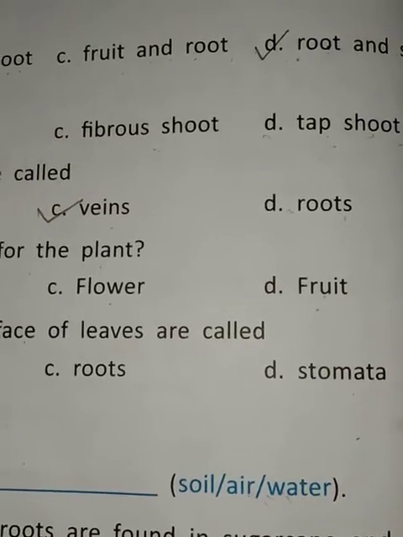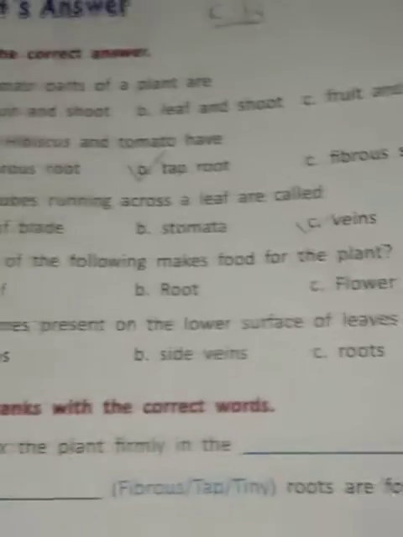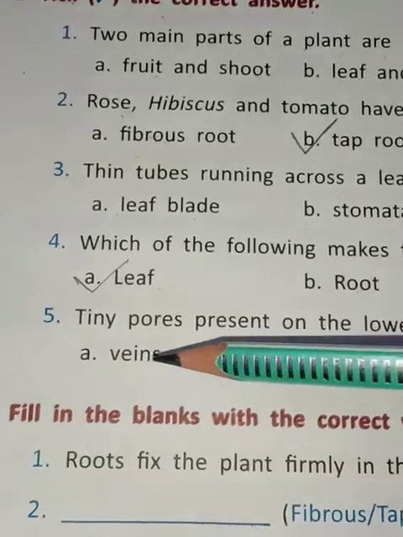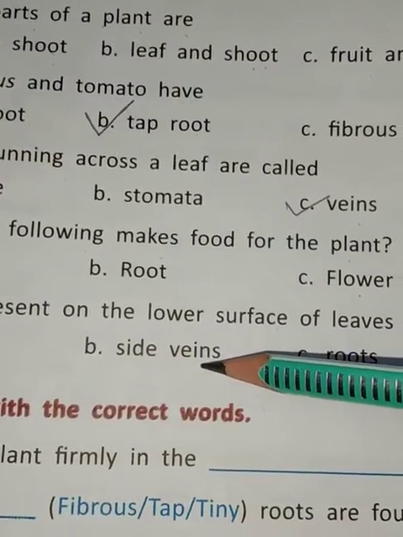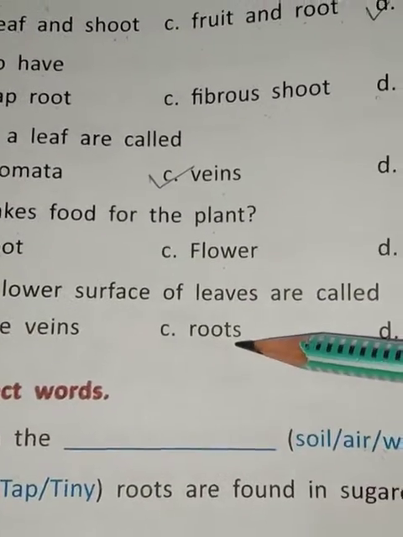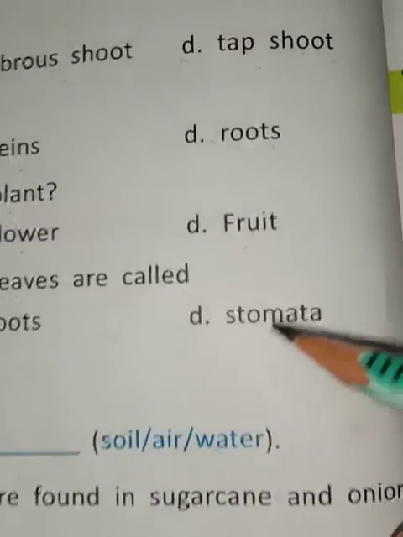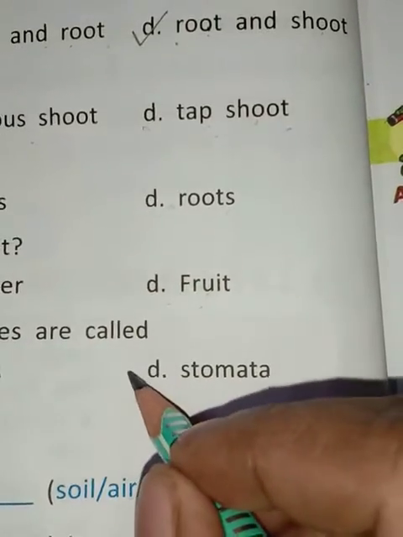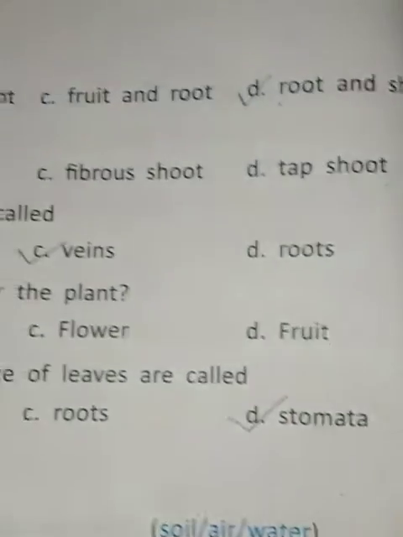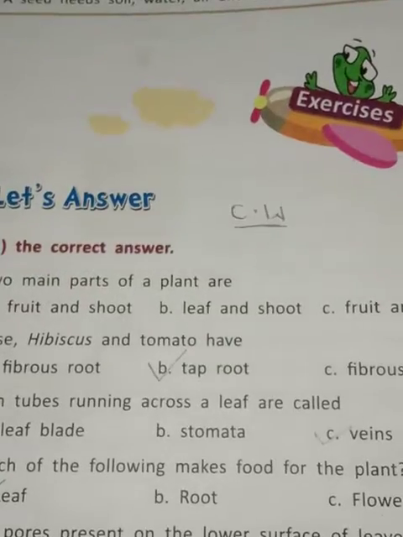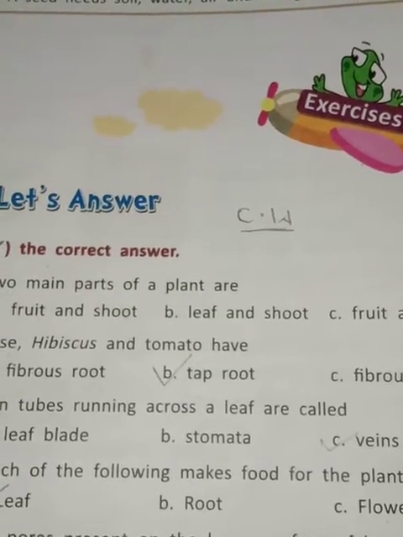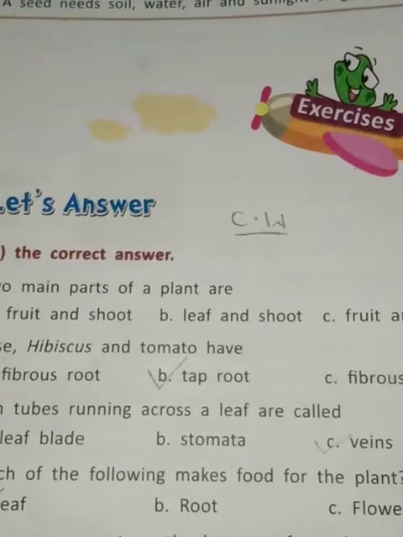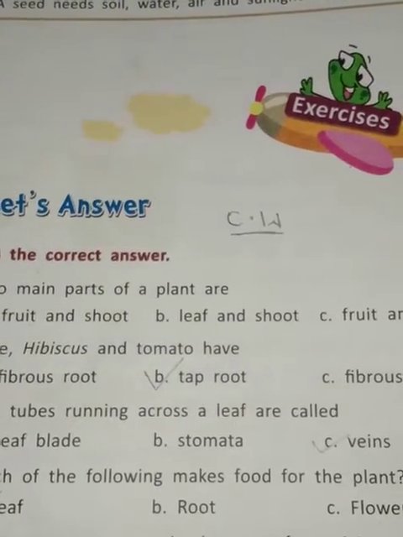These tiny pores are called stomata. So student, option A veins, B side veins, C roots are wrong. Now the correct answer is stomata. Okay, now clear? Now student, listen properly to these statements I am retelling you.